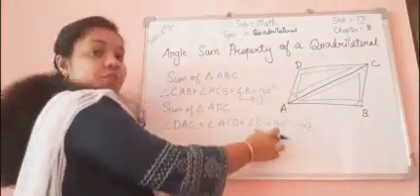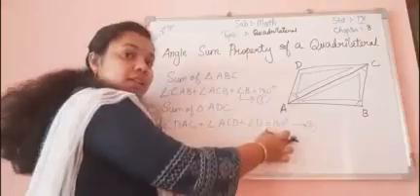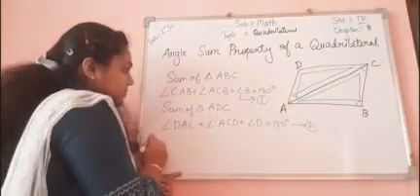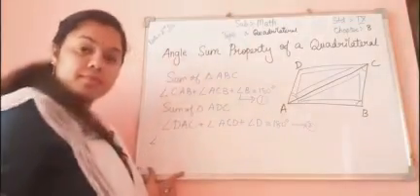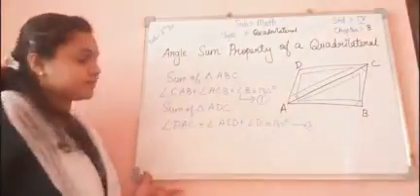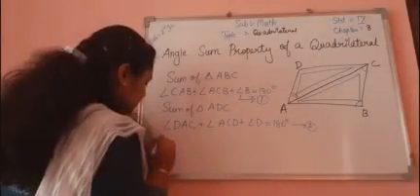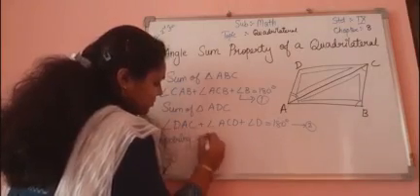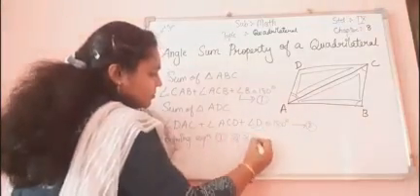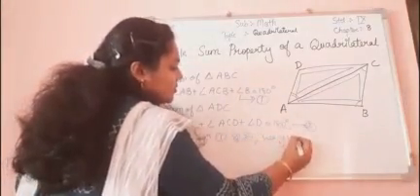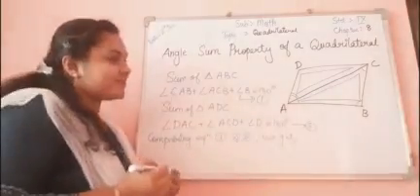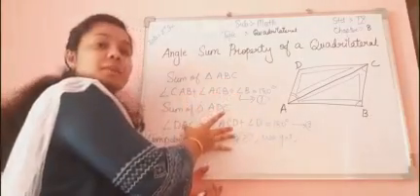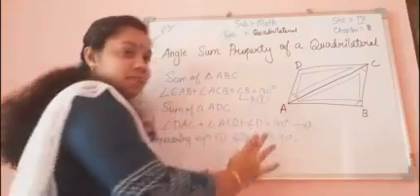Now combining equations 1 and 2, we know that both are 180 degrees. So we are going to add these two equations. We write this full equation plus this full equation is equal to 180 plus 180.